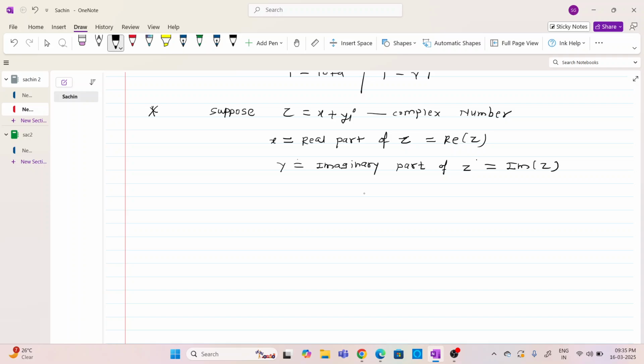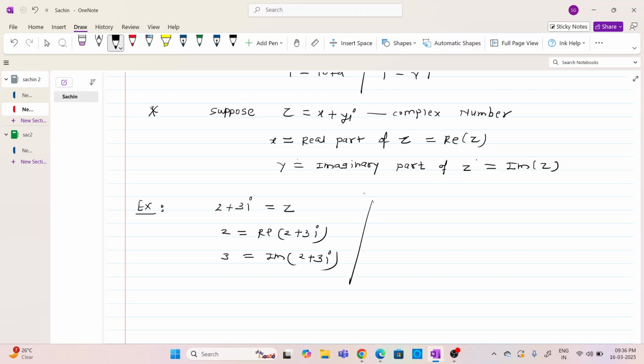Okay, for example, suppose 2 plus 3i is the complex number z, so 2 is called the real part of 2 plus 3i, and 3 is called the imaginary part of 2 plus 3i.